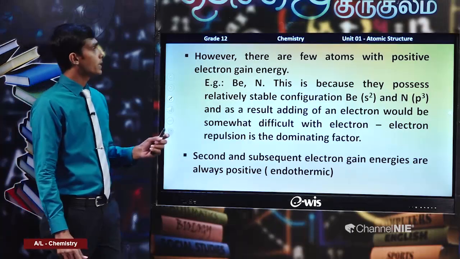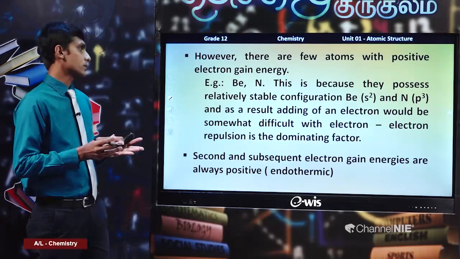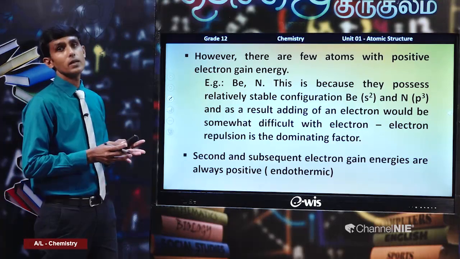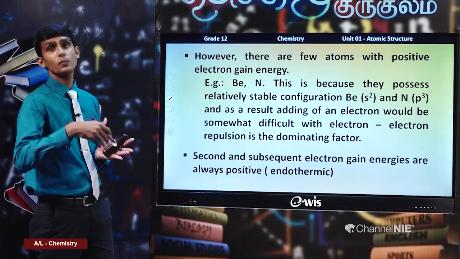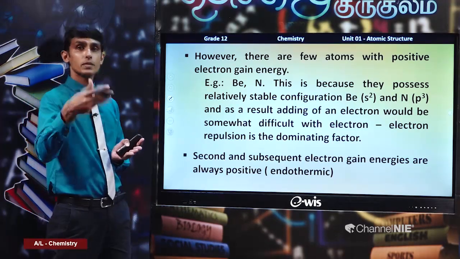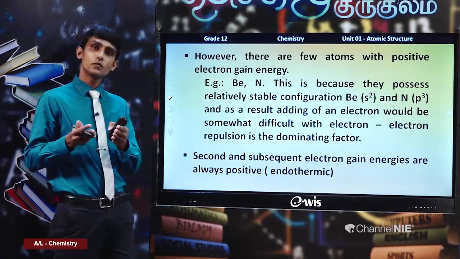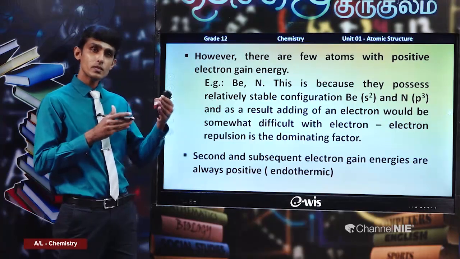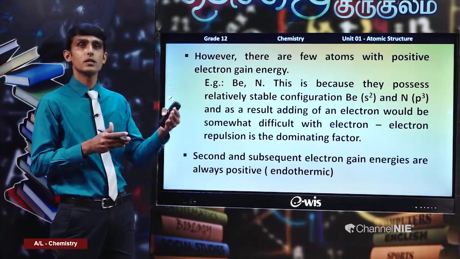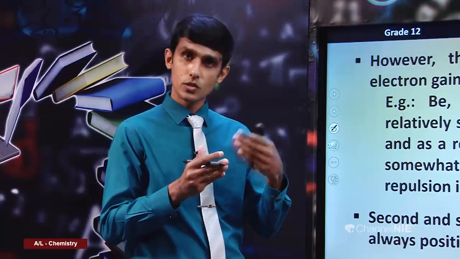But there are some elements with positive electron gain energies, especially group 2 elements with ns2 configuration and group 18 elements with ns2 np6 configurations. They have positive electron gain energies, and in group 15, for some elements like nitrogen, the electron gain energy is positive.